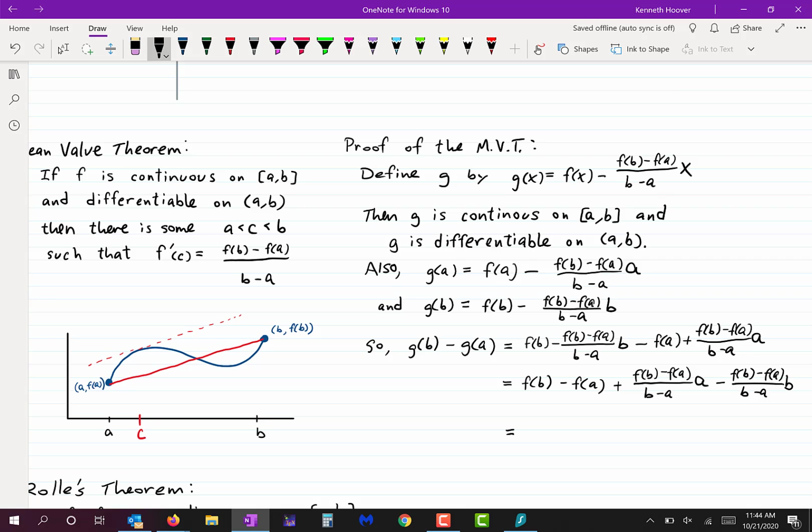We can do some combining, and we'll get f of b minus f of a plus, now watch this, f of b minus f of a over b minus a times a minus b.